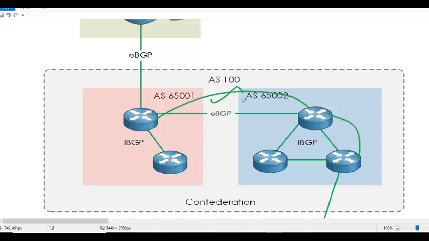So a route learned from one IBGP can be given to EBGP. As a result, the routes get distributed here, and this will give to EBGP, and this will give to this IBGP because it is getting it from EBGP. If it receives from another IBGP, it will not give. Jana, did you understand?